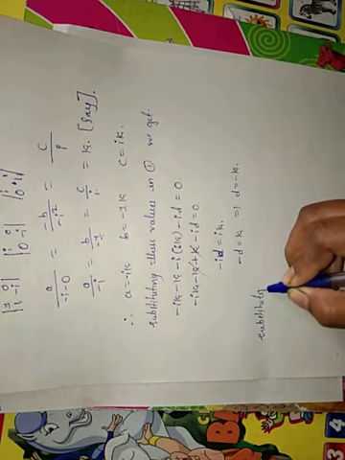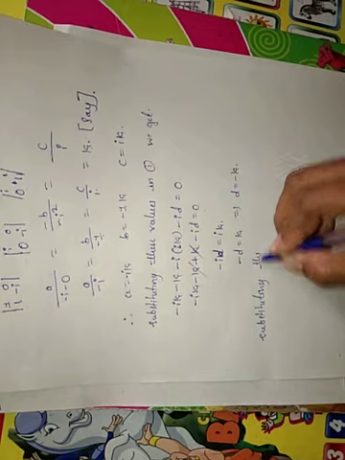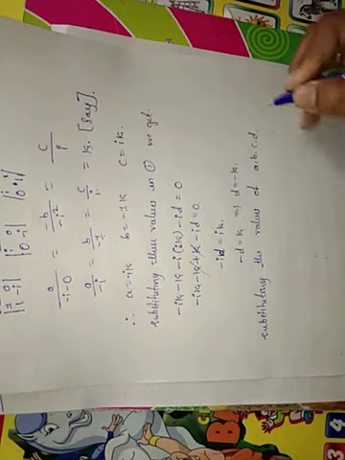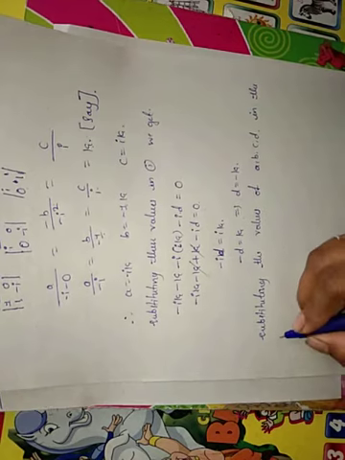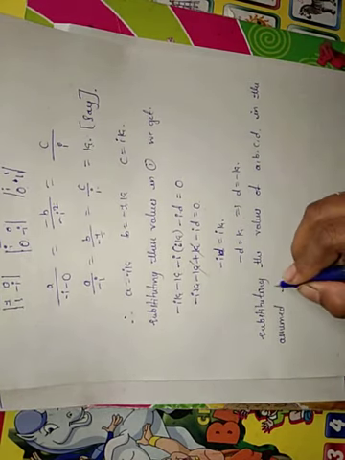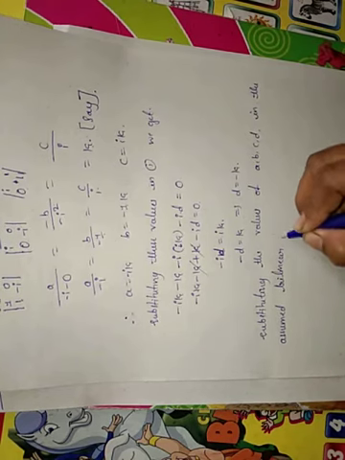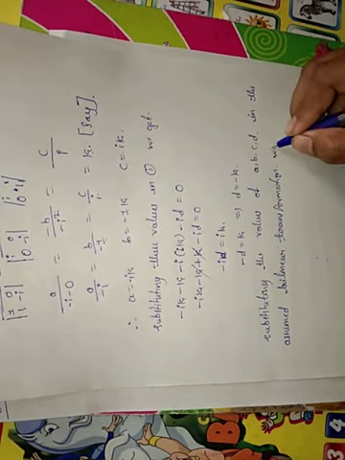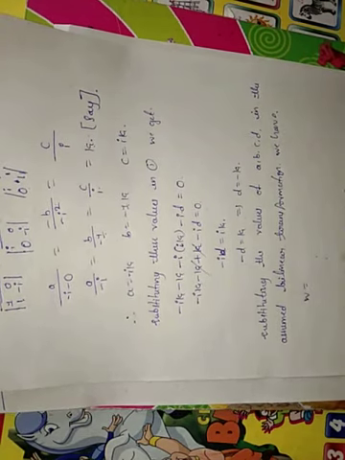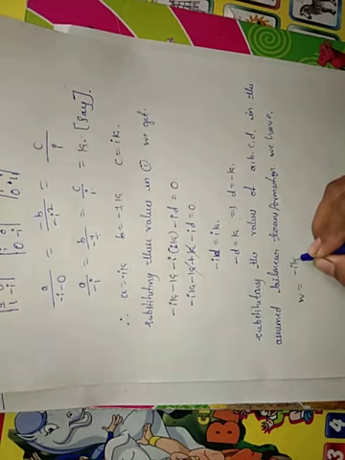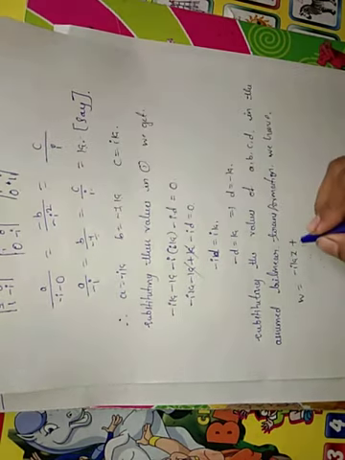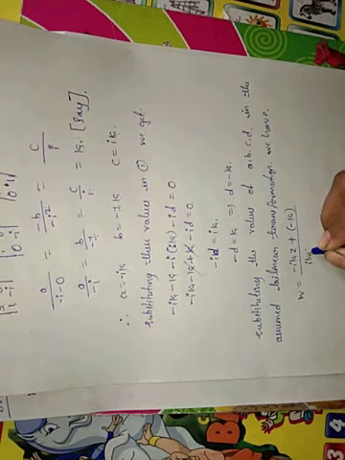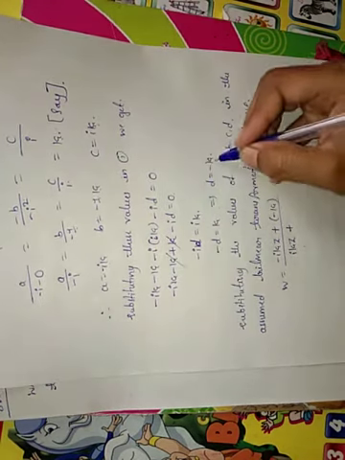Substituting the values of A, B, C, D in the assumed bilinear transformation, we have W equal to A into Z plus B, B is minus K, divided by C into Z plus D, D is minus K.